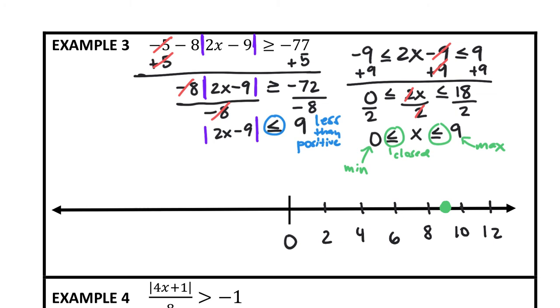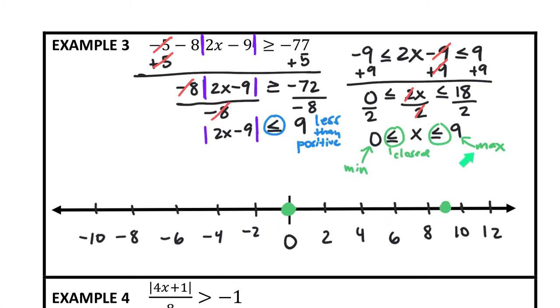And over here, let's say I have negative 2, negative 4, negative 6, negative 8, negative 10. And so 0 is right here. And again, they're closed dots because of the equal to. So it's 2 closed dots.